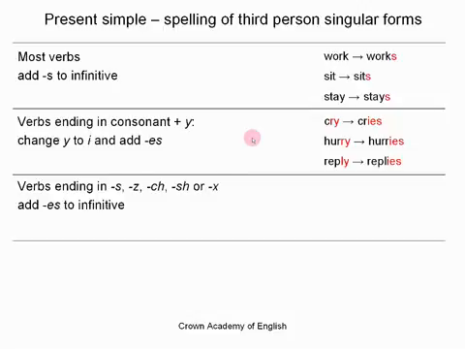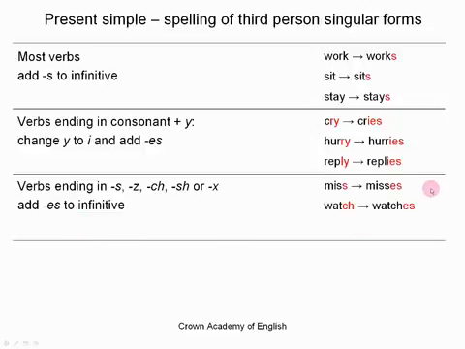So verbs which end in either S, Z, CH, SH, or a letter X. For those verbs, we add an ES to the infinitive. So let's have a look at some examples.